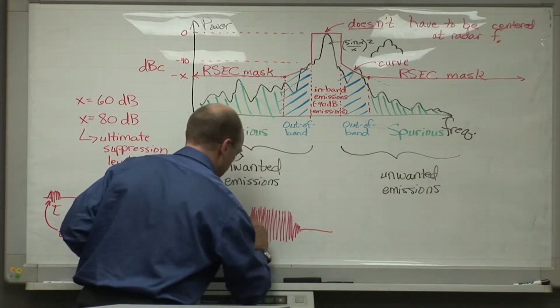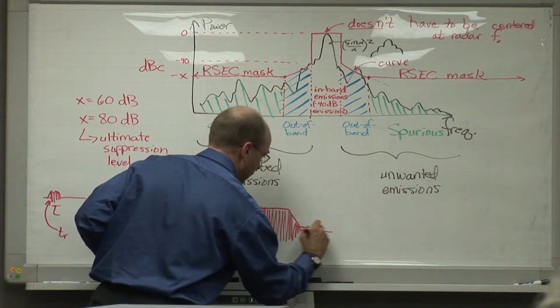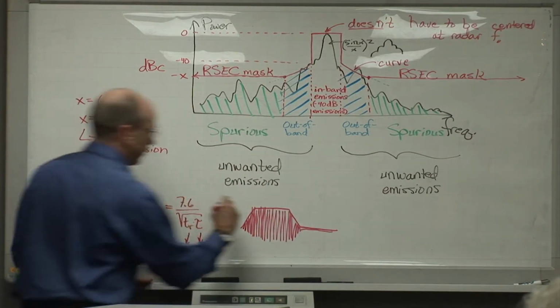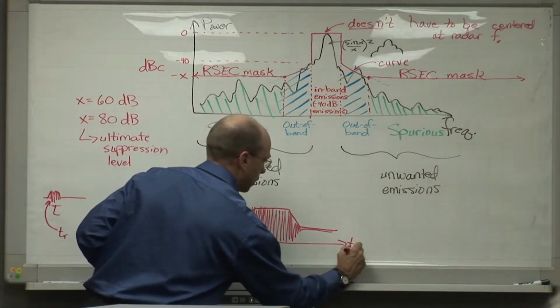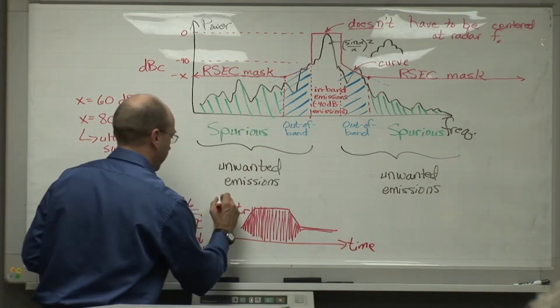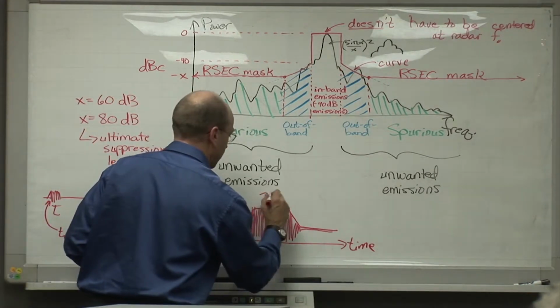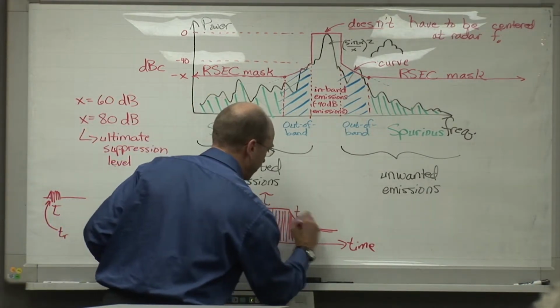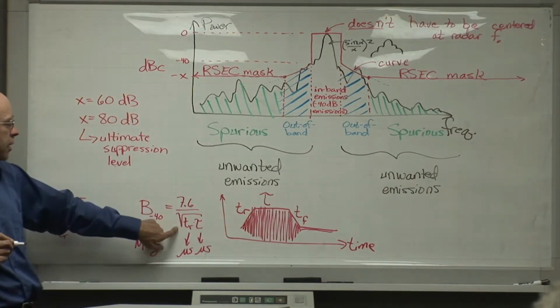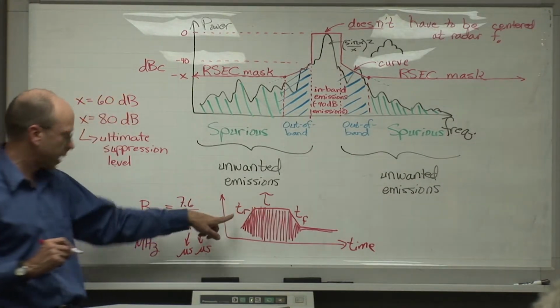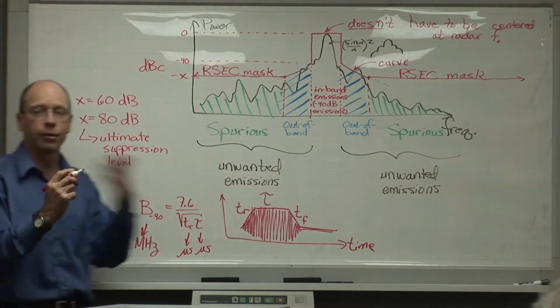Here it is turning off. So the pulse is assumed to have a trapezoidal envelope that has a rise time, this is the time domain, a rise time, a pulse width tau, and a fall time. And the fall time is generally longer than the rise time. By the way, in this equation, if the fall time should be shorter than the rise time, then the fall time is used. It's whichever one is shorter.